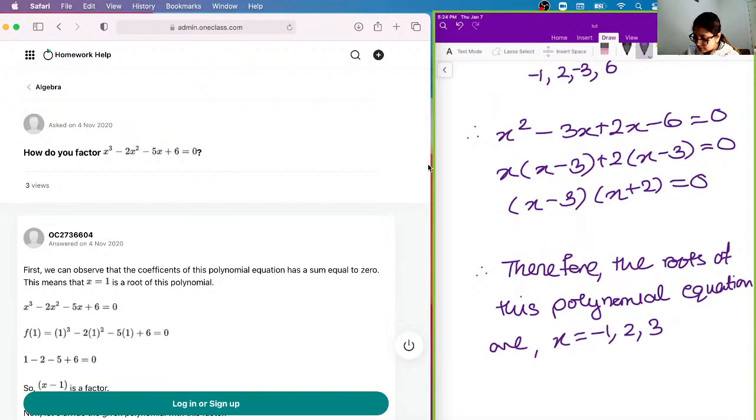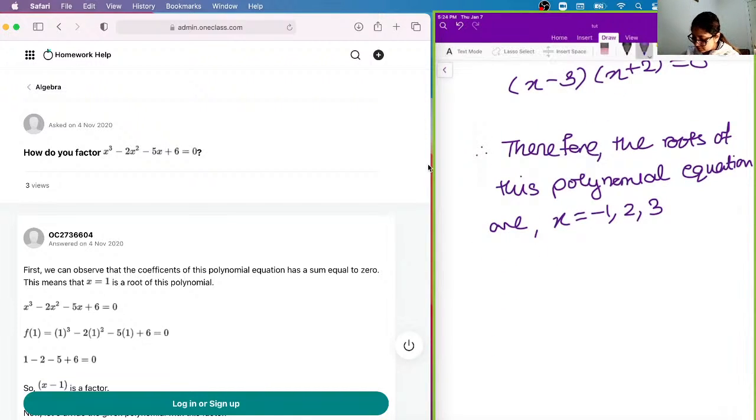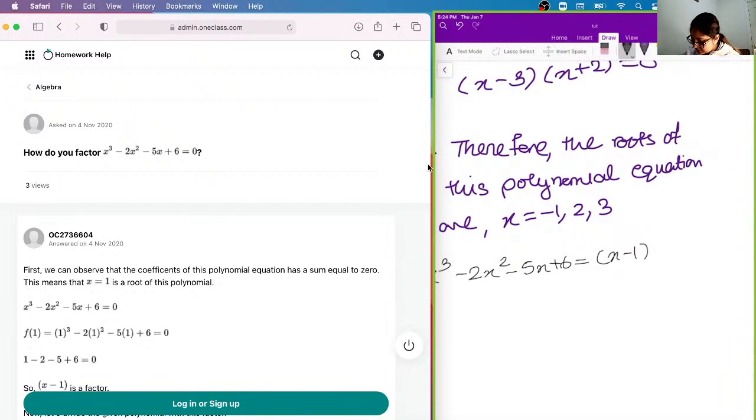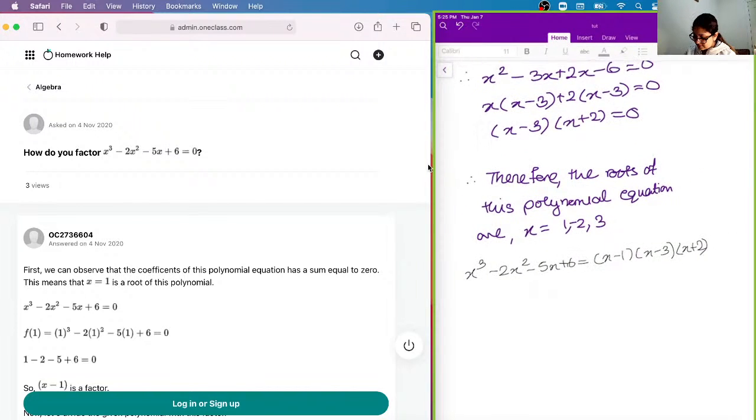And the factored form, so your equation is x cubed minus 2x squared minus 5x plus 6, and the factored form would be x minus 1, x minus 3, and x plus 2. So this would be positive, this would be negative. And so this is the answer to the question.